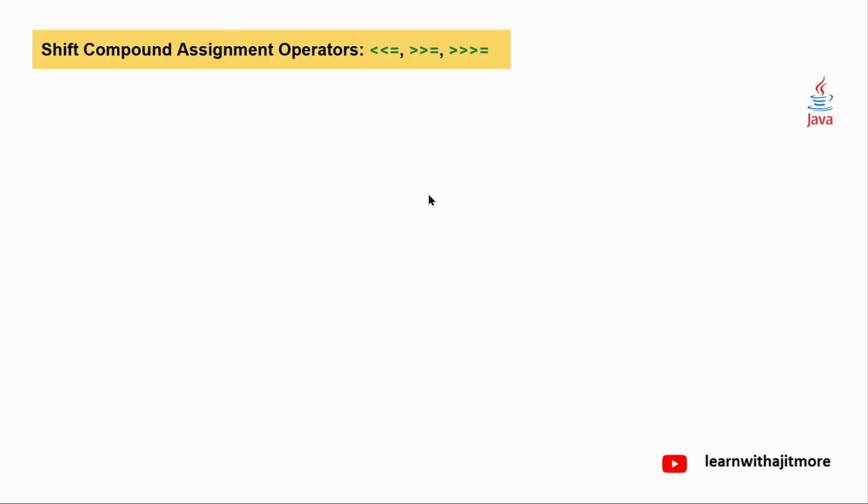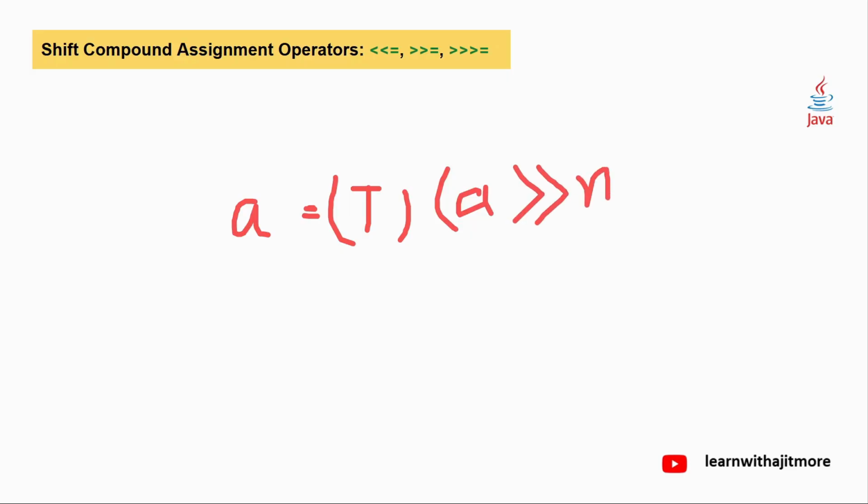Now what I want to tell you is that it does shifting and assignment, dual work. Here it does implicit casting. A is equal to A shifted, whatever the data type is, either left side or right side, doesn't matter.